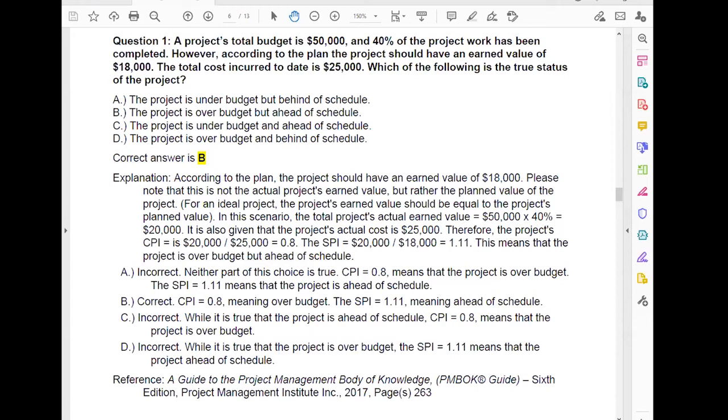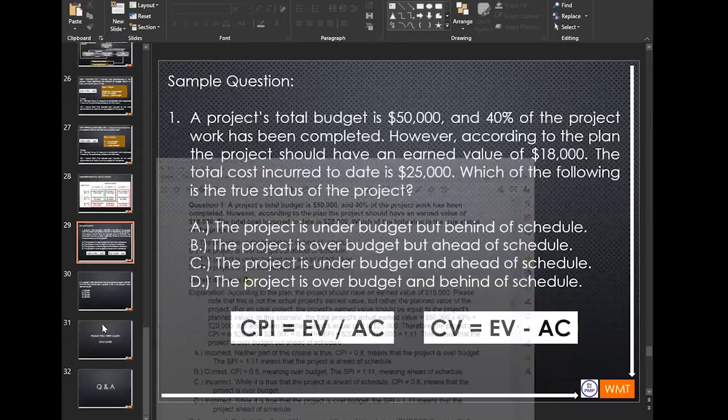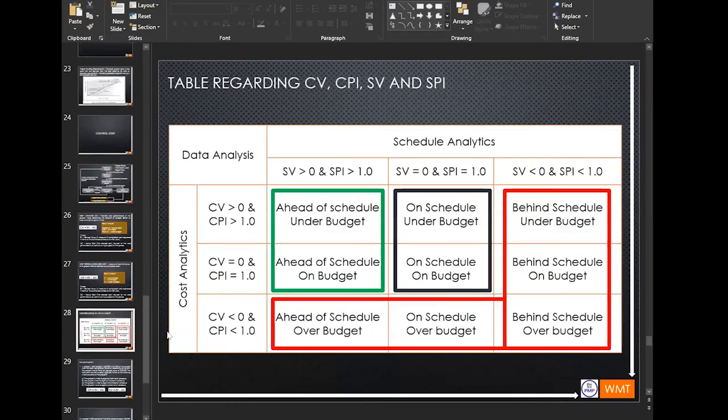So once nakuha yung CPI and SPI, need natin ma-relate doon sa definition. Kaya dapat familiar tayo dito. Kapag nasolve na natin yung SPI na greater than 1, ahead tayo, kasi 1.1 yung SPI natin sa solution. Tapos yung CPI naman natin is 0.8, so less than 1.